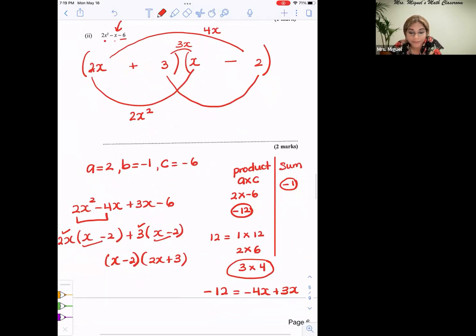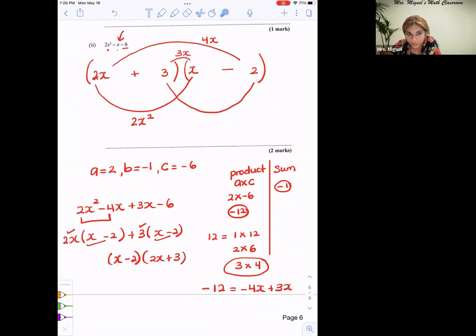So whichever method you choose, it's fine. If they give you to solve, all fine and well, use the quadratic formula. Now, at this stage, if you cannot factorize, that's fine. It is only 2 marks. I do not expect you to get every single mark in the algebra question. If you cannot get this 2 marks, that is fine, right?